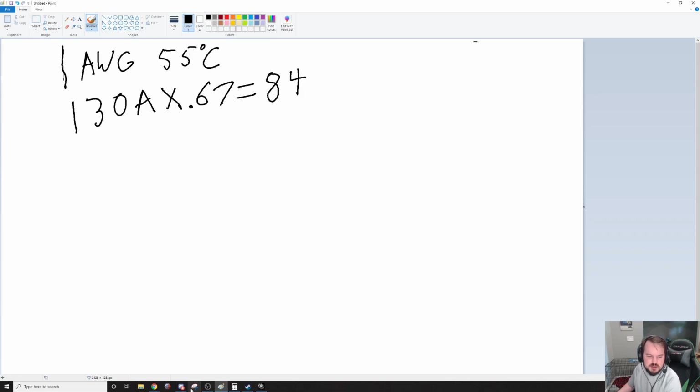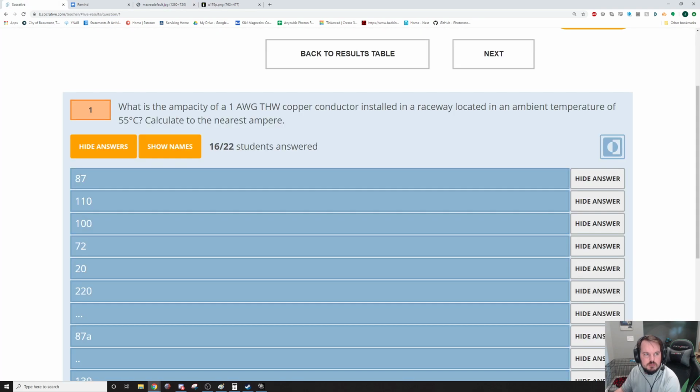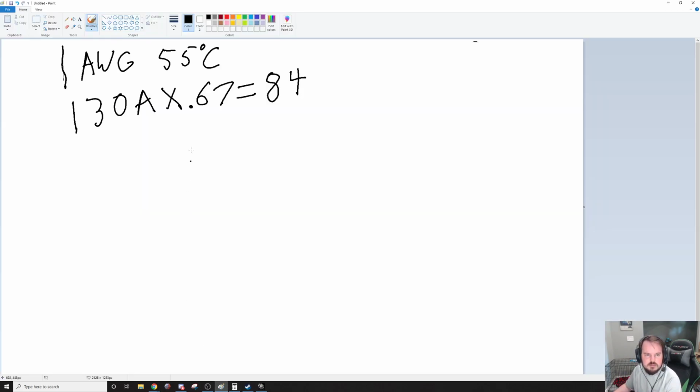It's 80 something. It's 84 or 87. It's 87. All right, so that is 87 amps, is the actual ampacity of that conductor.